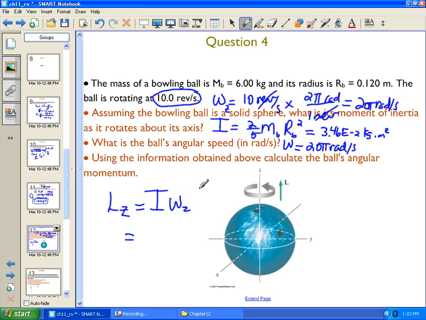Well, take I, the calculated I, and multiply by the omega, which we just worked out as 20 pi radians per second, and that gives us an angular momentum in the z direction of 2.17 kilogram meters squared per second.